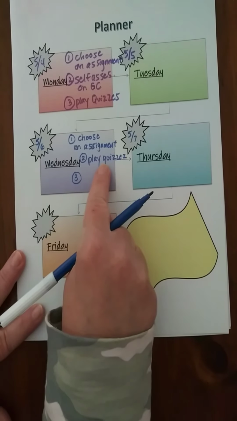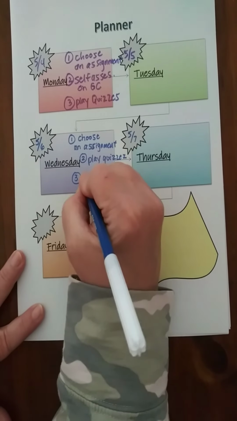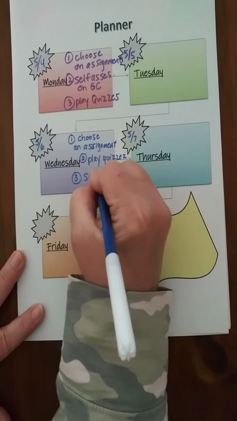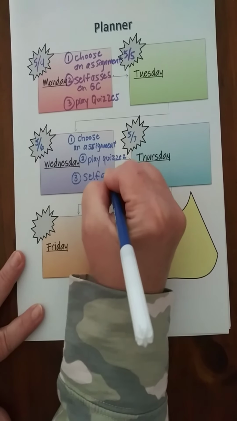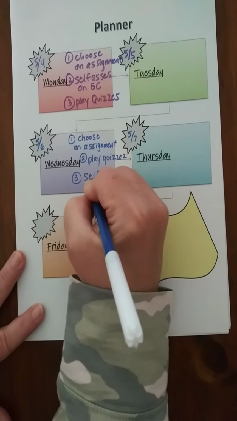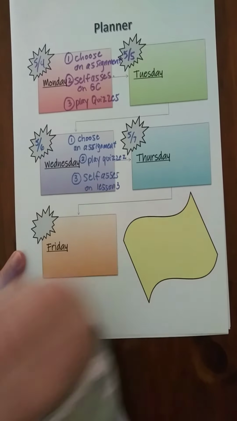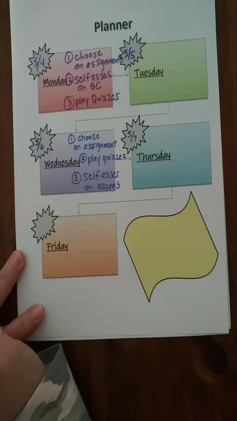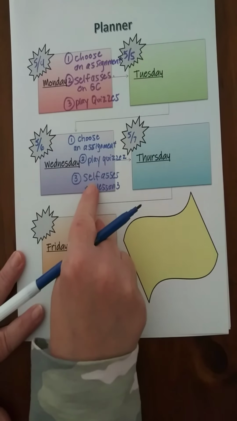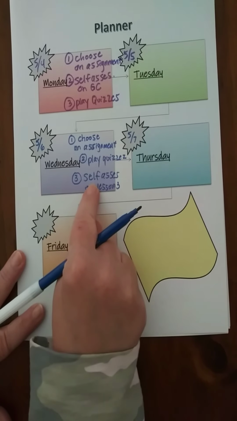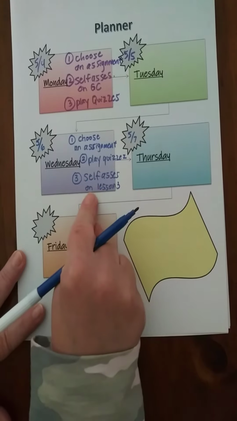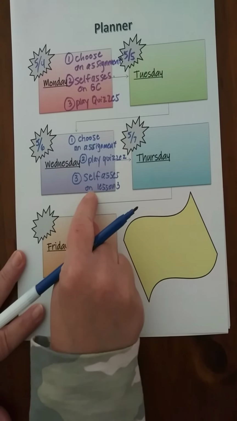So maybe you've learned a little bit after playing that. So then third is to do the self-assessment on lesson 3. And that's also in the Google Classroom under the assignments tab. So these are your 2 points, okay? So each lesson has 2 points, playing the quizzes game and doing the self-assessment.